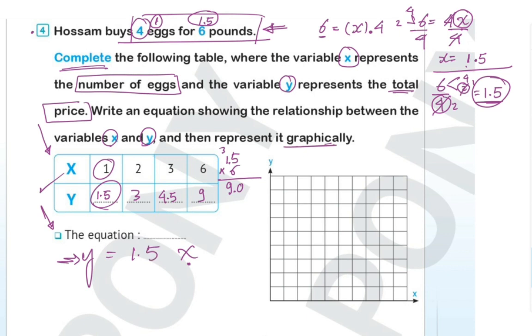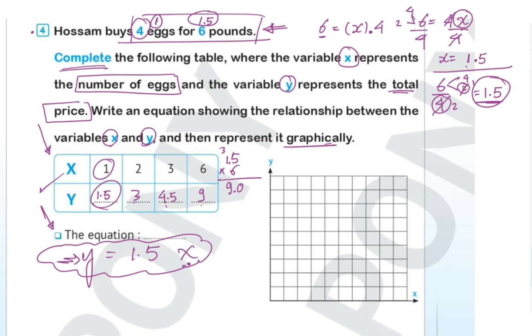When x equals 1, 1 by 1.5x equals 1.5. When x equals 2, 2 by 1.5 equals 3. When x equals 3, 3 by 1.5 equals 4.5. When x equals 6, 6 by 1.5 equals 9 as y. Now we have found the equation.